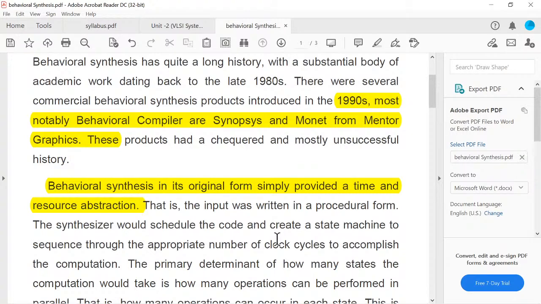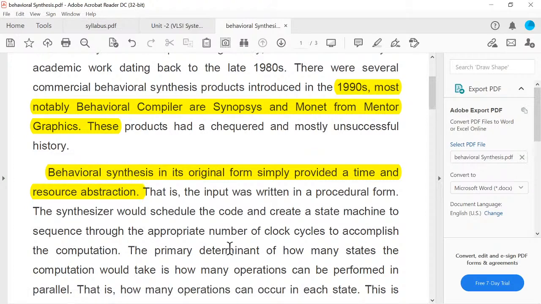It differs from logic synthesis. We already know that behavioral synthesis is also known as high level synthesis. So this high level synthesis differs from logic synthesis. What are these differences?